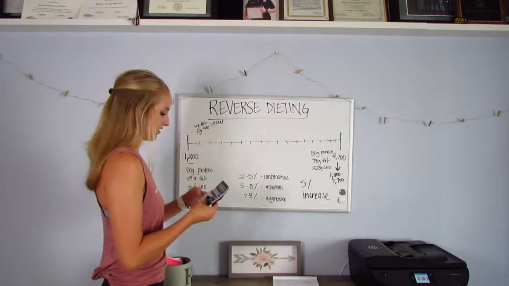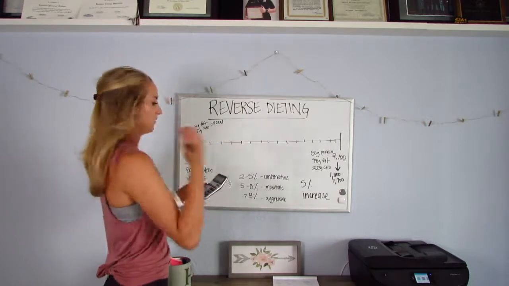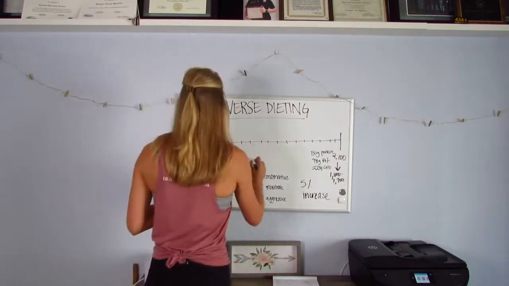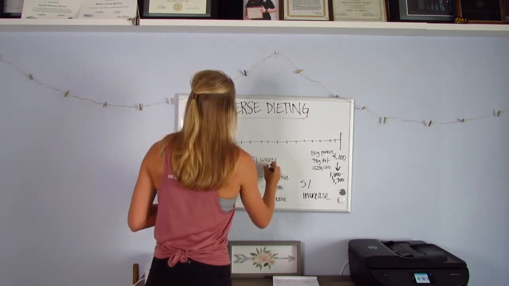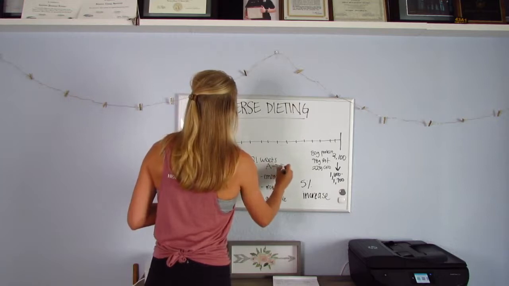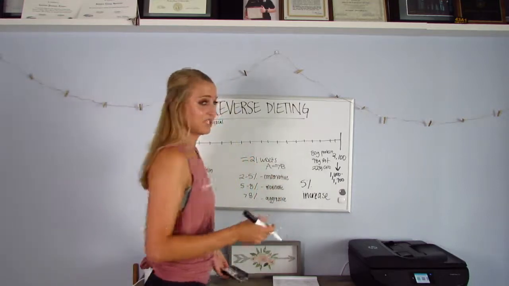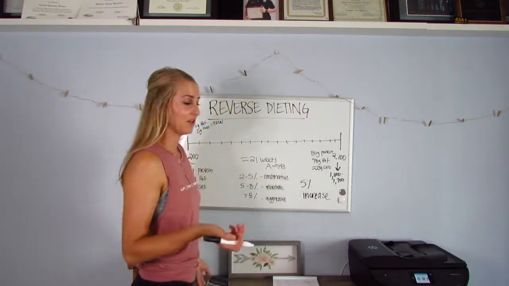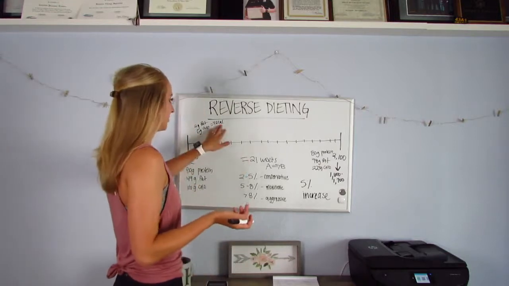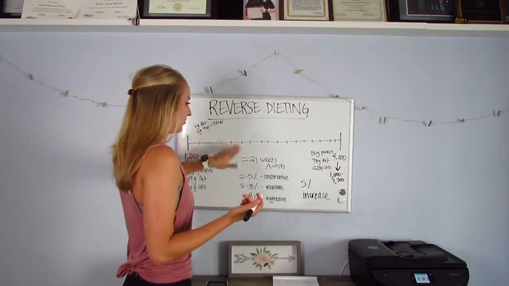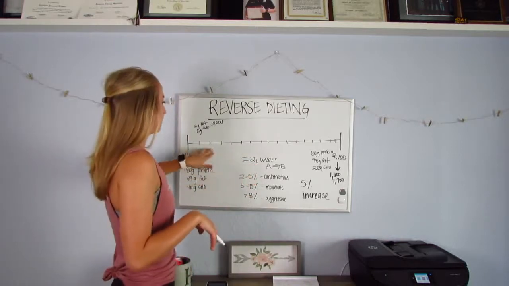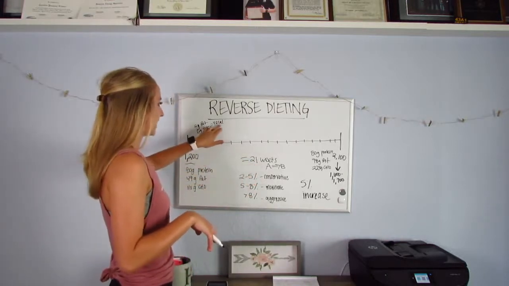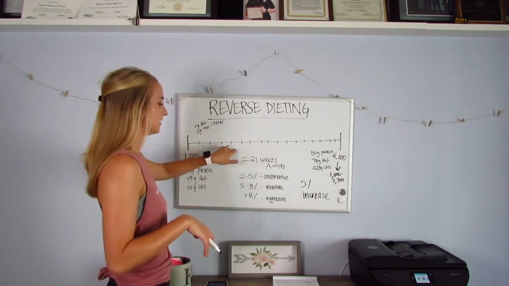If we divided that by 42, it would take about 21 weeks to get from point A to point B, which seems like a really long time. I mean, that's half a year, you guys. But again, in this case, we could go a little bit more aggressive with this approach, and it would obviously take less time to get there. But typically, you do want to take that calorie amount and add it every single week.